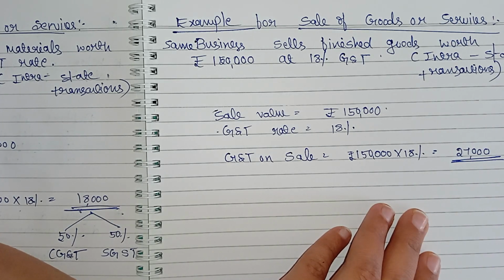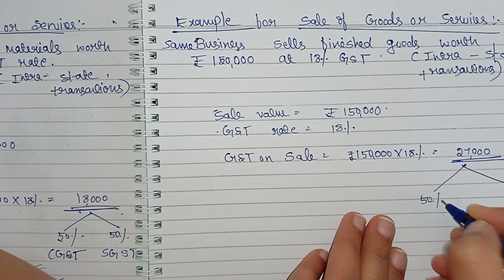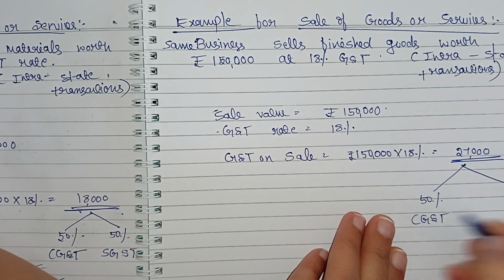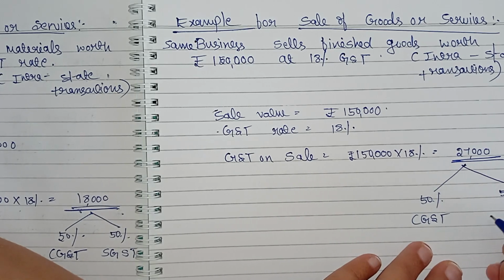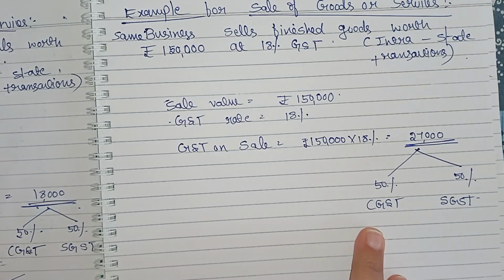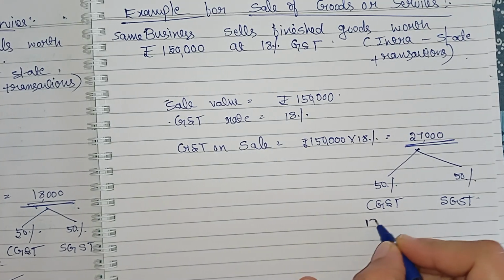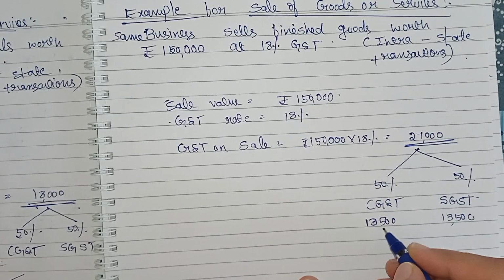Now 50% goes to CGST, the central government, and 50% goes to the state government. 27,000 into 50% means 13,500 and 13,500.